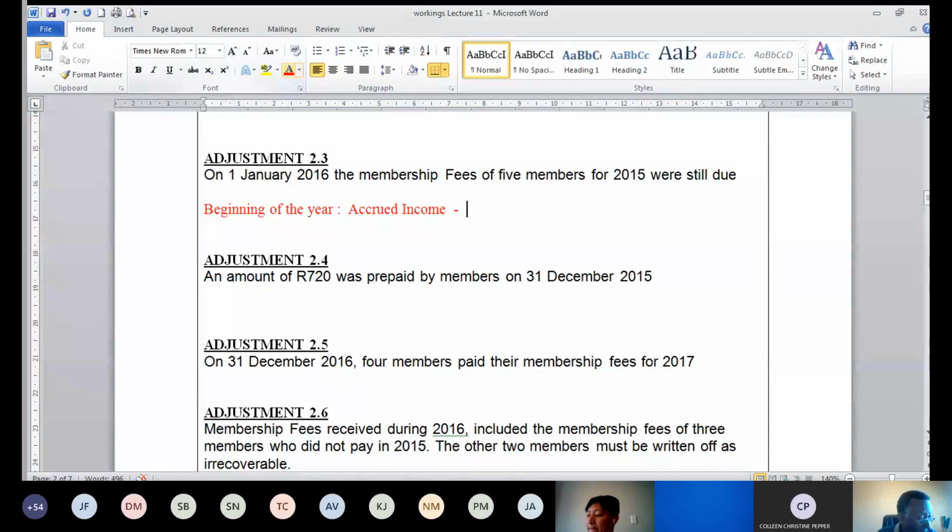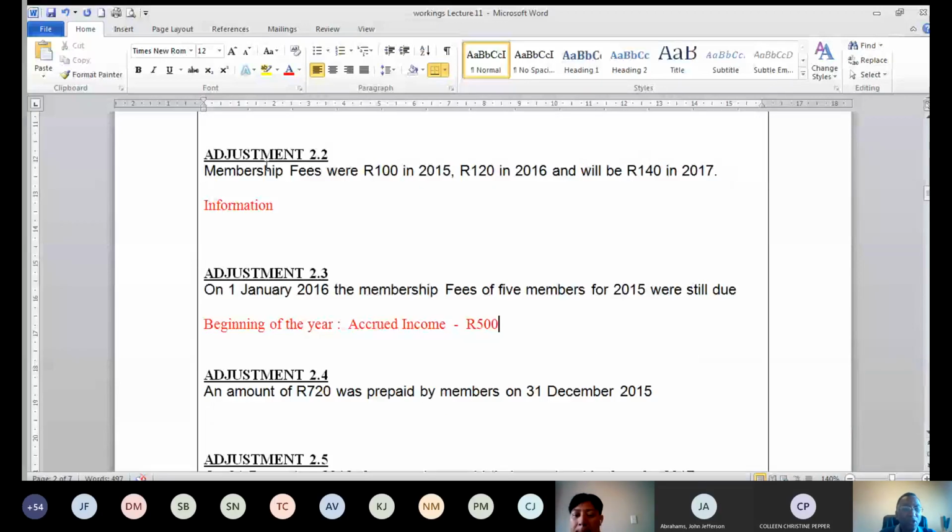And our accrued income for our membership will be the amount of 500 Rand. Because remember, the information under 2.2 tells you that in 2015, the members had to pay 100 Rand. So if 5 members did not pay their 2015 membership fee, then that will lead to accrued income of 500 Rand.